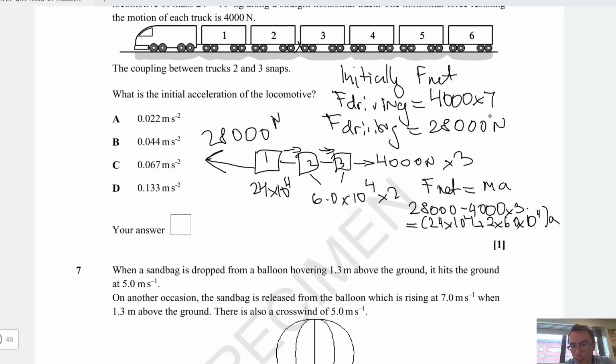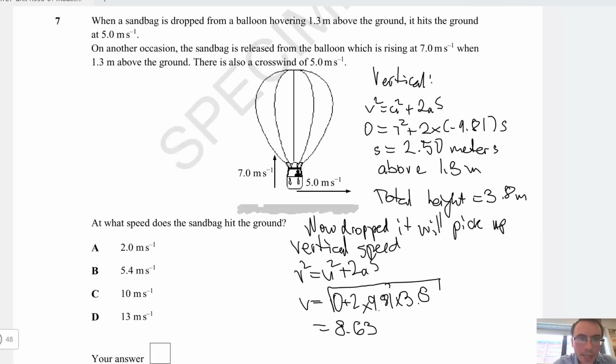Okay, so this is getting a little bit messy, but all we need to do is just rearrange for the acceleration, which will be 28,000 take away 12,000, divided by this number. And if we do that, we're going to get 0.044 recurring meters per second squared. Correct answer.